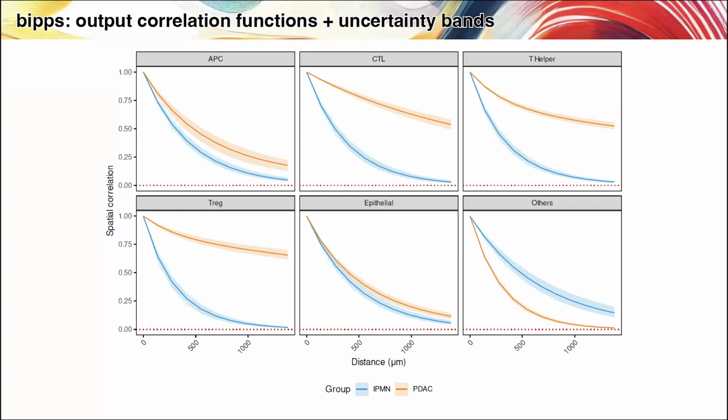The message here is that for these immune cells, there tends to be more clustering in the PDAC cohort relative to the IPMN cohort. And this is marginal, so we are looking at just one cell type at a time: how one cell type clusters with other cells of the same type.